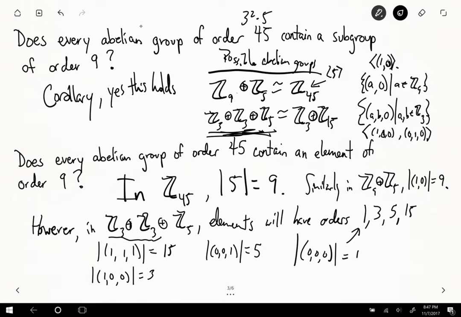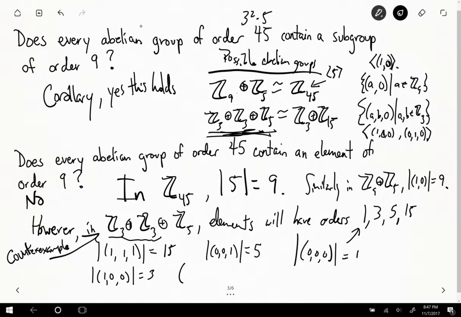So since 9 is not available, does every abelian group have an element of order 9? No. And then here would be your counterexample. Right?